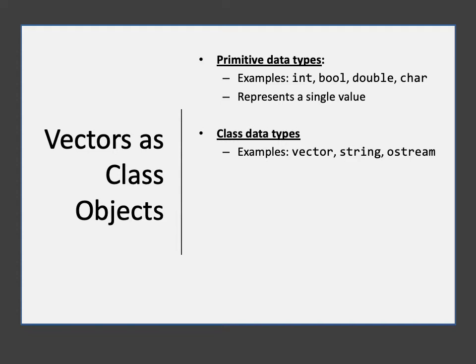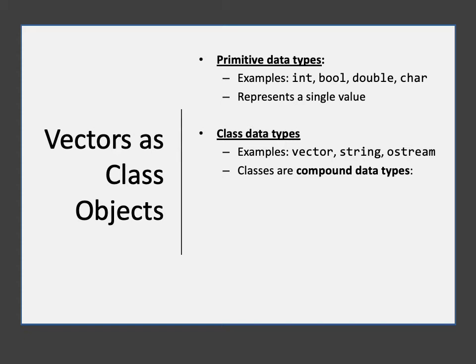An OStream or output stream is, for example, the cout output stream. Whenever we write something to cout, it's going to eventually go to the screen. So it takes a bunch of extra variables under the hood to make that happen, and all of those variables are hidden in the OStream class, so we don't need to worry about them.